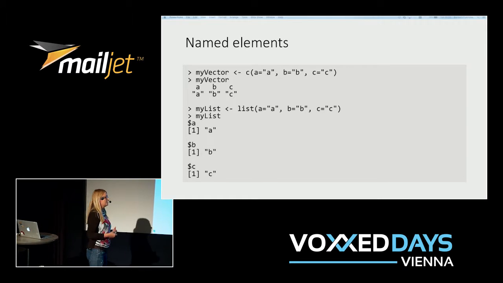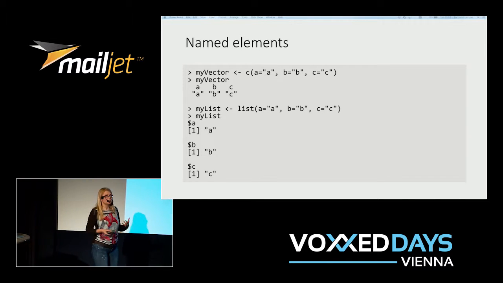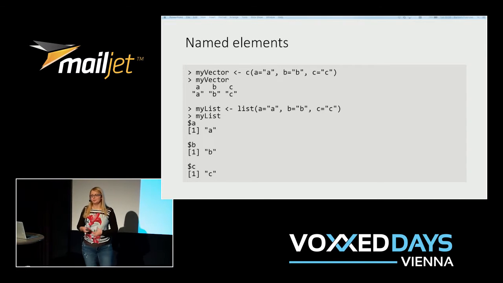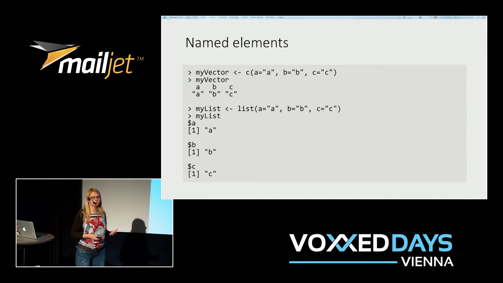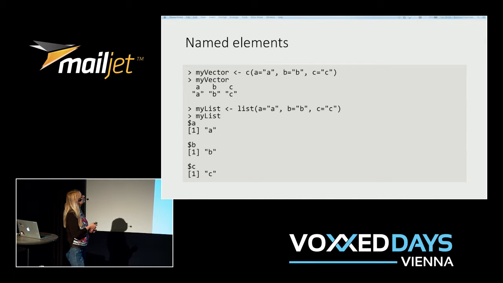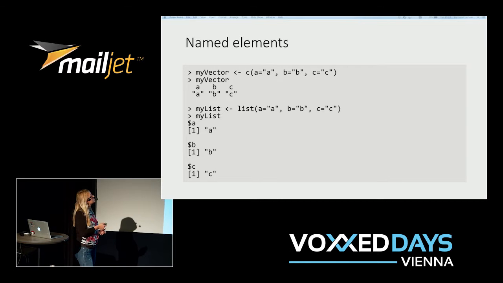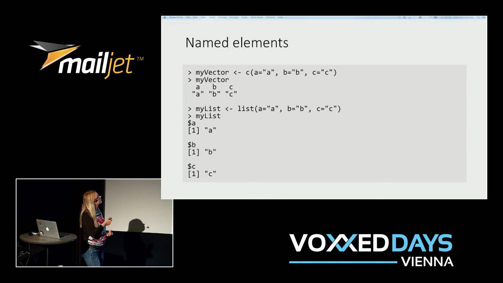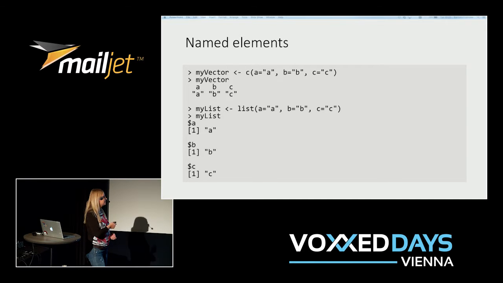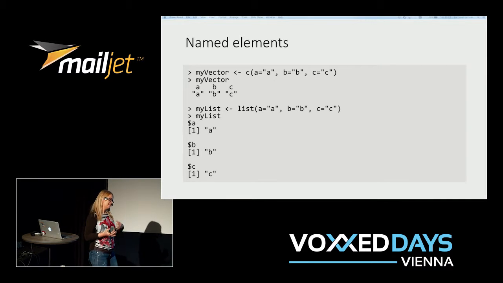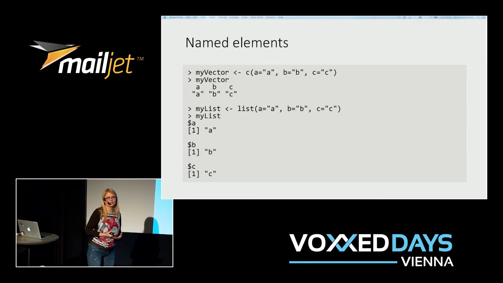There are better ways to create your elements, and if you put names to them. So if you have vector, you can put names to a specific element, and vector can appear like this. And with lists, it's much nicer because we don't have those horrible double brackets, and it's kind of cleaner to look at it.